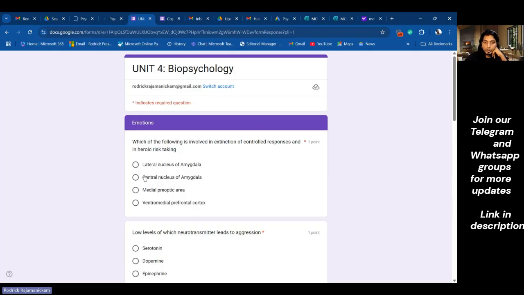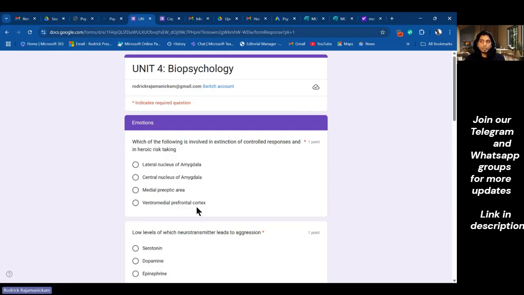So the central nucleus is about producing behaviors. Okay. So not just responses in general, heart rate increase and all that. It's about actions or behavioral tendencies which are enhanced by the central nucleus of the amygdala. So the lateral nucleus is about producing the responses or increasing your sensitivity for those fear responses. So it's VMPFC which controls and inhibits your amygdala. So it's like prefrontal cortex exercising control over the amygdala, right?